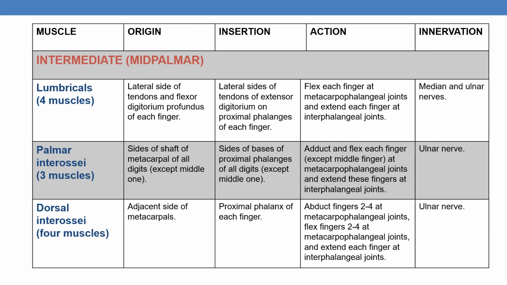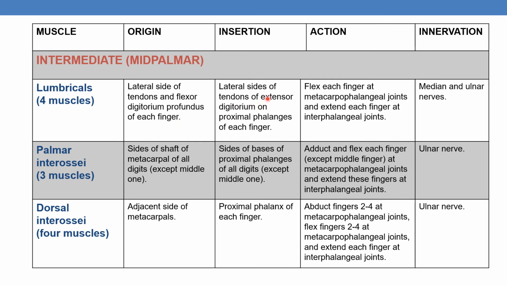Now coming to the final group, intermediate, which is nothing but mid-palmar. It is composed of three muscles mainly. Lumbricals, there are 4 in total, palmar interossei, 3 muscles, and dorsal interossei, 4 muscles. Interossei relates to bone, lumbricals means earthworm-like. Coming to the origin of lumbricals, which are 4 in number, it is the lateral side of tendons of flexor digitorum profundus of each finger.